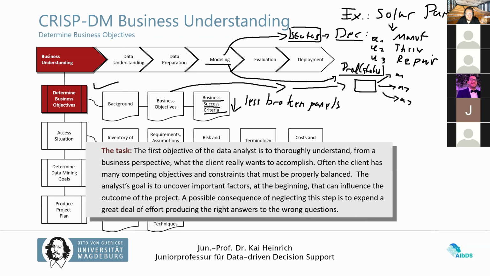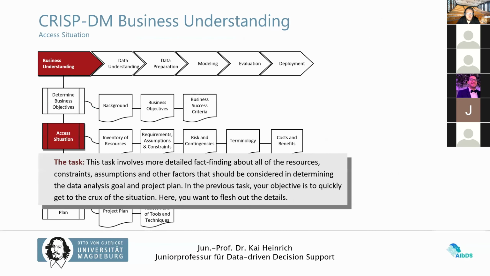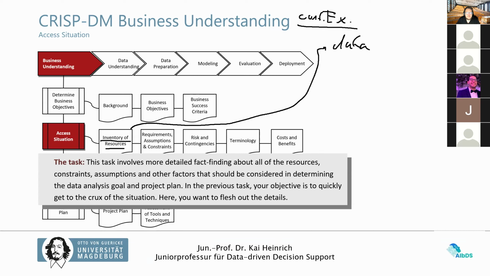So we've done this right now. Okay, and now we have to assess the situation. So what do we have to assess the situation? We have an inventory of resources. Again, here's the example, continuing the example, it's the same solar panels. Inventory of resources is basically data or technology to get data.